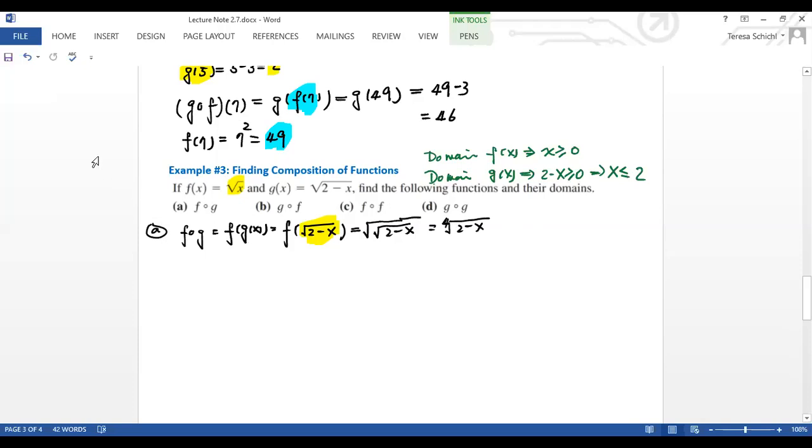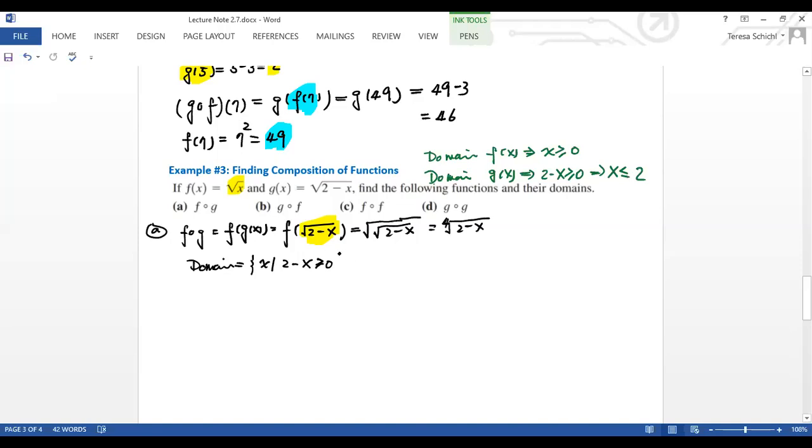So the domain here is going to be given the x, because this is the composite function. So the domain here is 2 minus x has to be what? Greater than or equal to 0, right?